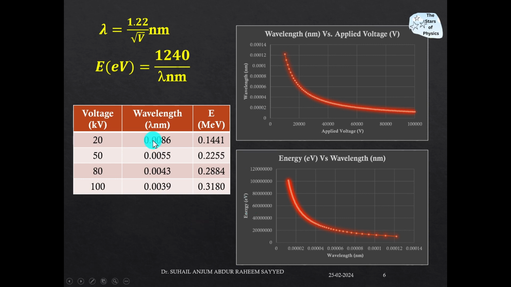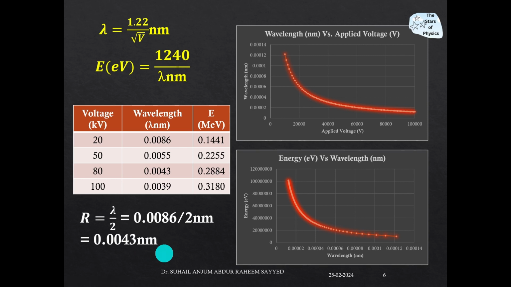Now if these are the wavelengths, then what will be the resolution? It will be capital R is equal to lambda by 2. For the first one, 20 kV, we get 0.0086 divided by 2 nanometer, which comes out to be 0.0043 nanometer. Now remember, this is the theoretical value.